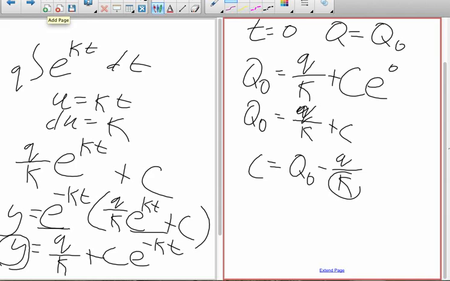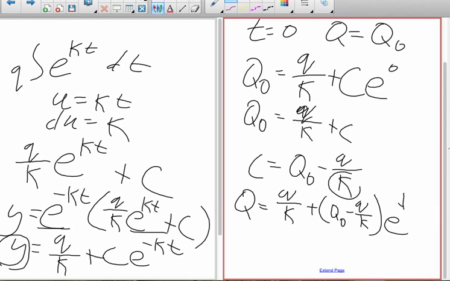And remember, k is the rate at which the body is metabolizing this. It's our constant of proportionality. So now we plug back into our original one. So q is going to equal q over k plus, now my c is q sub 0 minus little q over k, times e to the negative kt.